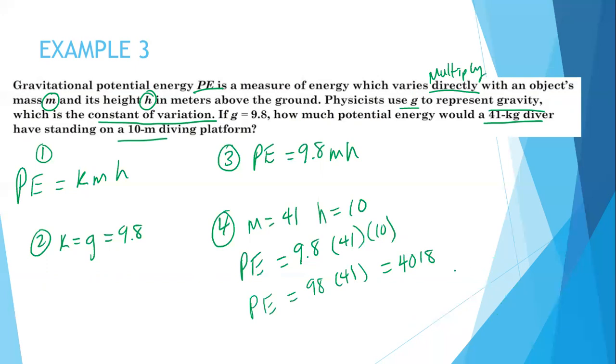And we call these joules. That's the unit that is created by multiplying the mass times gravity times the height. All right, and that concludes it.